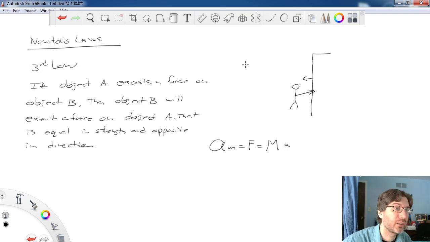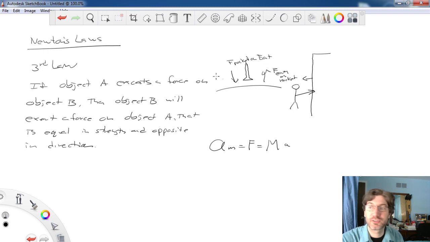Think about a rocket coming off of the Earth. It's going to exert a force on the Earth, and then the Earth is going to put a force on the rocket. These forces are the same strength.